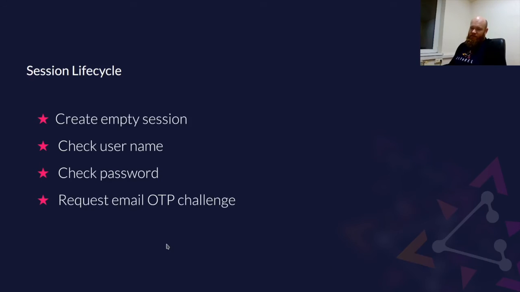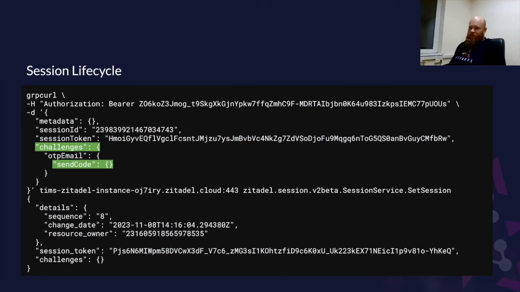And now we are going to do something else. We want to challenge an email one-time password, email OTP. So basically we call the session endpoint, but this time with challenges instead of checks, and we say we want OTP over email, please send the code.